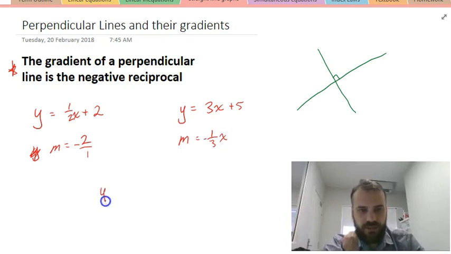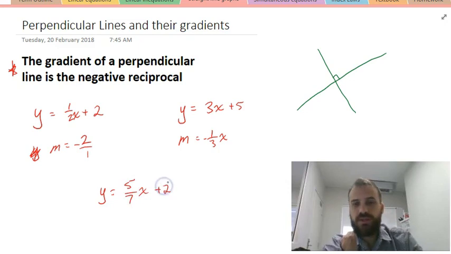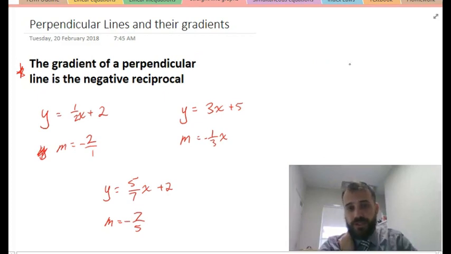And if I had y equals 5 over 7x plus 2, then a perpendicular line would have a gradient of m equals 7 over 5, but negative.